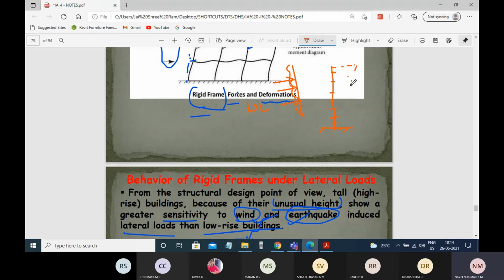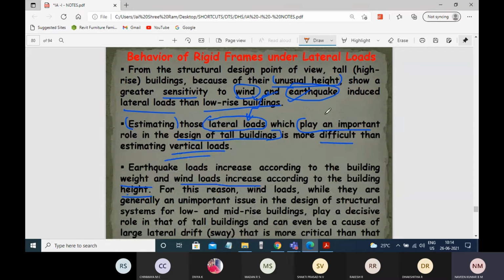At each floor, the lateral loads are different, right? At the higher floor, you'll have maximum lateral load, and at the lower floor you'll have lesser wind load, sorry, lesser lateral loads. That particular thing you can see over here.